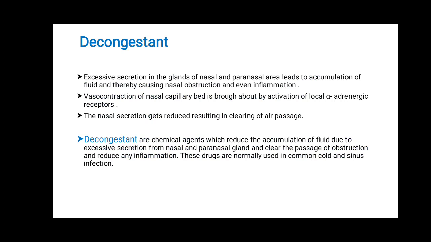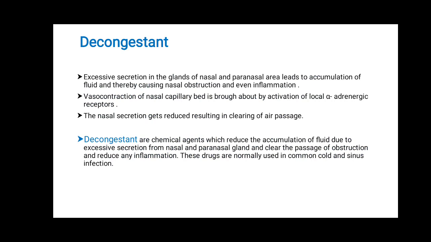Next, decongestant. What is a decongestant? Excessive secretion in the glands of the nasal and paranasal area leads to accumulation of fluid and thereby causes nasal obstruction, meaning blocking, and even inflammation.